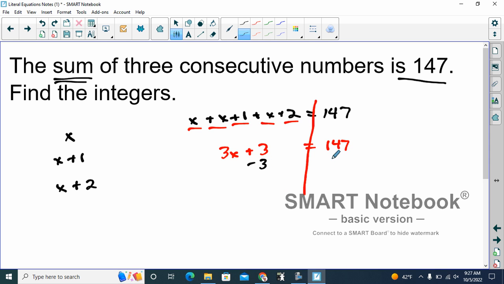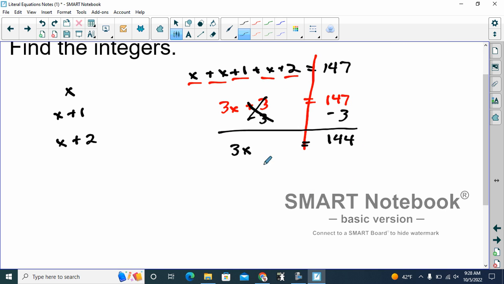Solve for x. Subtract 3 on both sides. Divide both sides by 3.